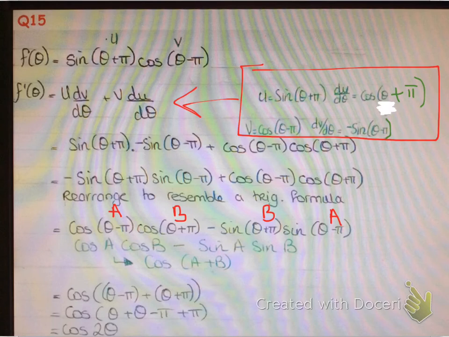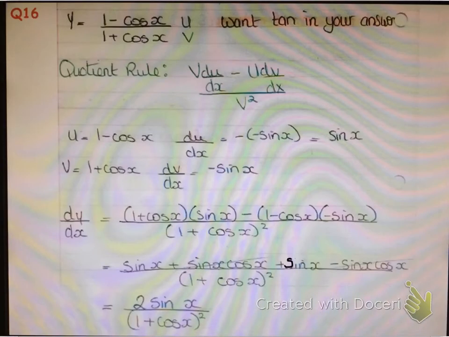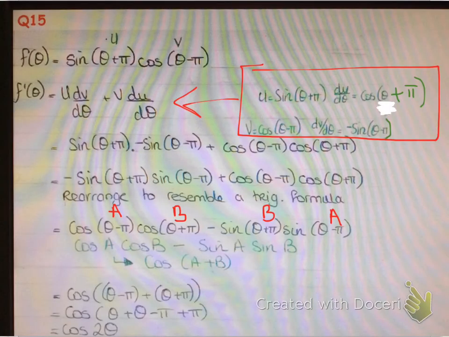Tidied up, and you'll see that the pi's cancel each other out, and you are left with, squeeze it in, cos 2 theta. Okay, and that's how they asked you to write your answer. They said write it in the form cos n theta, where n is an element of the integers. Well, n is 2, obviously, here.